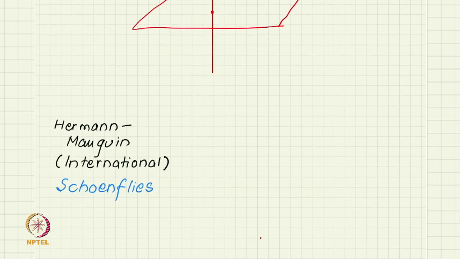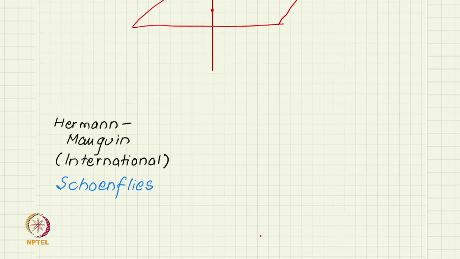The Hermann-Mauguin notation for these, which is also the international notation, is that if you take a two-fold axis and put a perpendicular mirror, then it is shown as a fraction 2 by m. Similarly, we can have 3 by m, 4 by m and 6 by m.